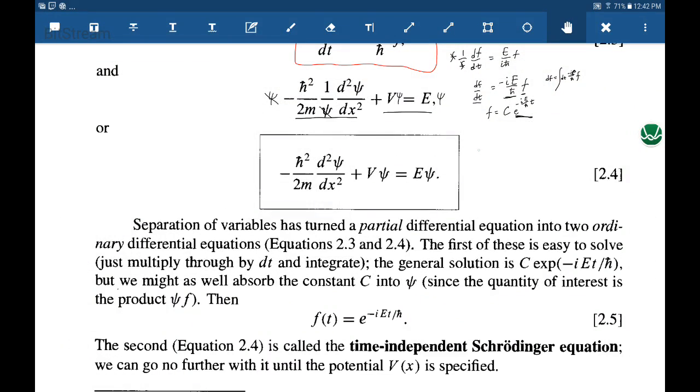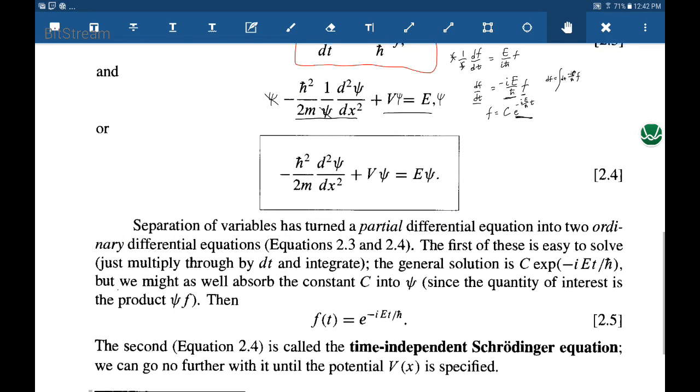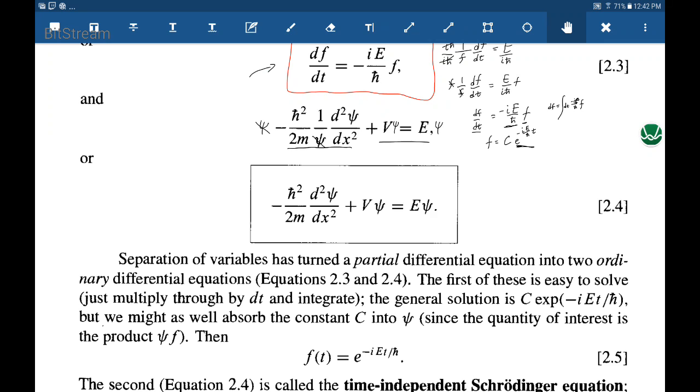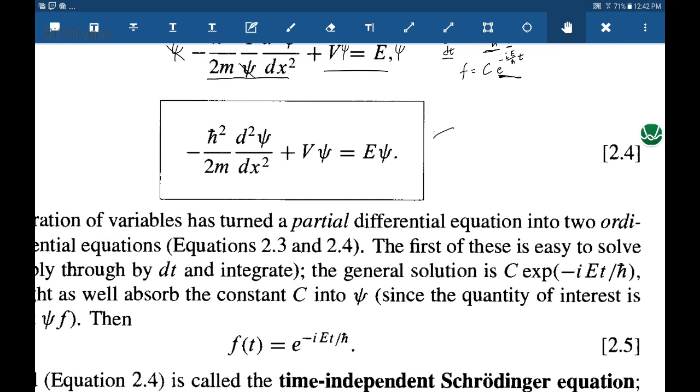So the solution to this guy was trivial. It's just an exponential. This guy, the solutions are not trivial. They depend on what your potential looks like. This is the time independent Schrödinger equation. This is typically what you're going to be solving for.